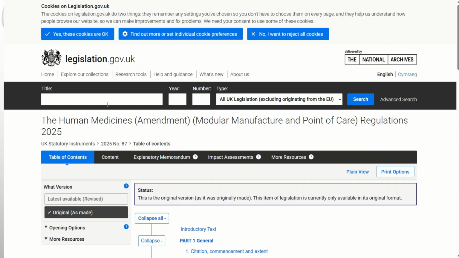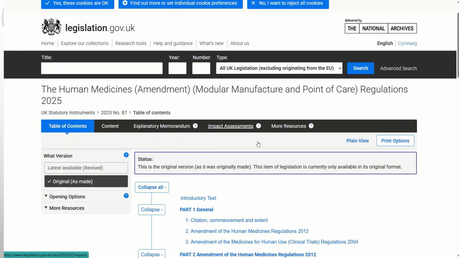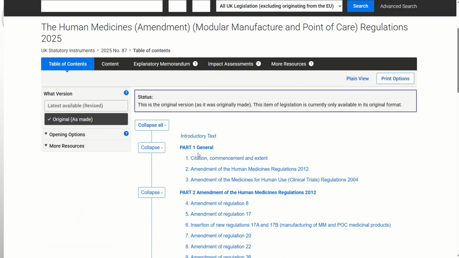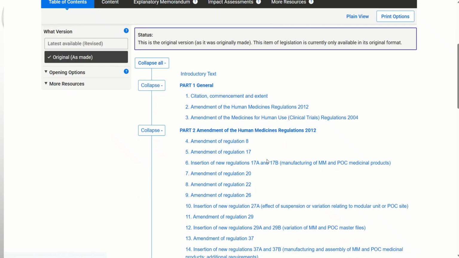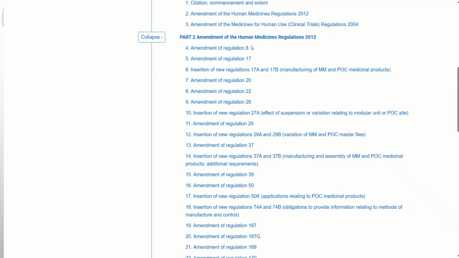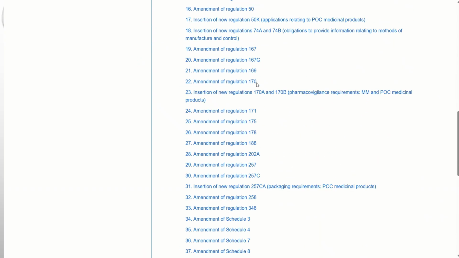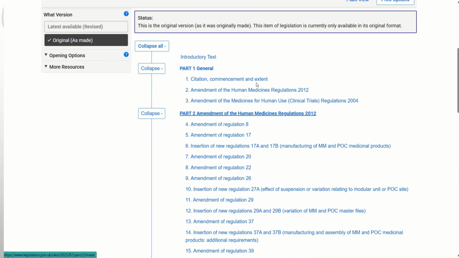Yes, sorry, it does relate to modular manufacture and point of care. So this is the actual regulation, number 87, that relates to the legal basis for the implementation of this regulation.